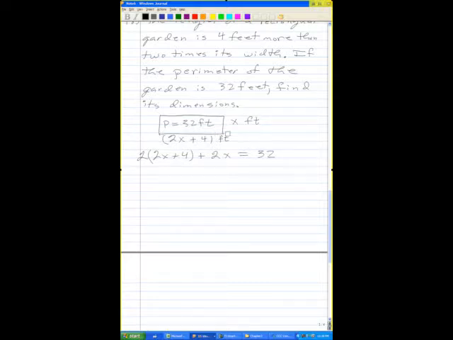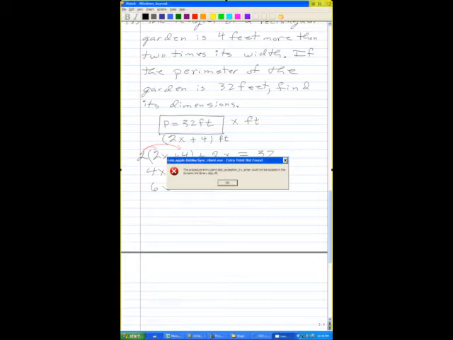The whole distance around gives you that. Let me multiply the 2 inside the parentheses. By the distributive property, I have 4x plus 8 plus 2x is equal to 32. Combining like terms, 4x plus 2x is 6x plus 8 equals 32.